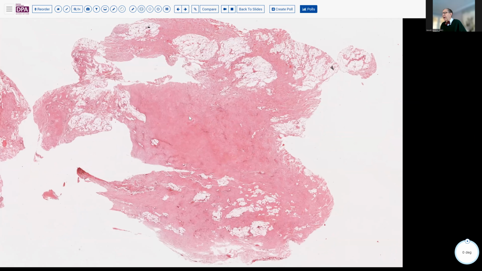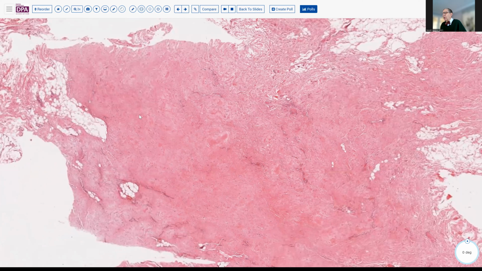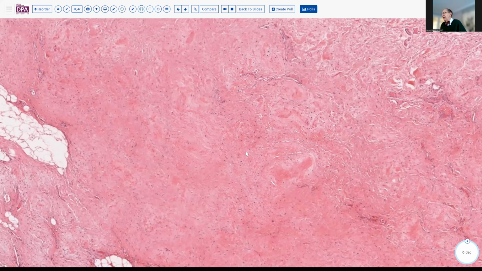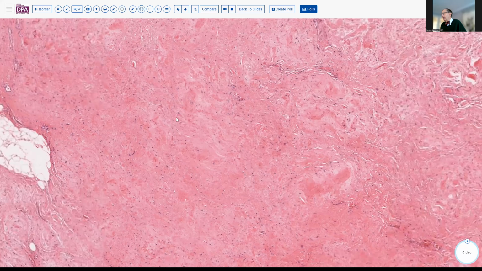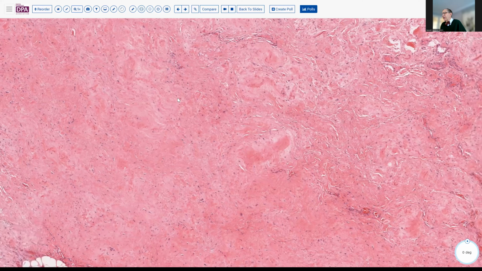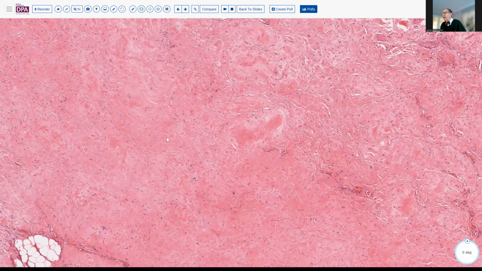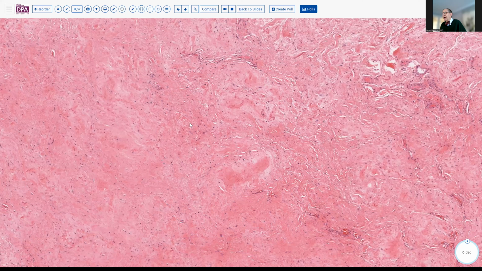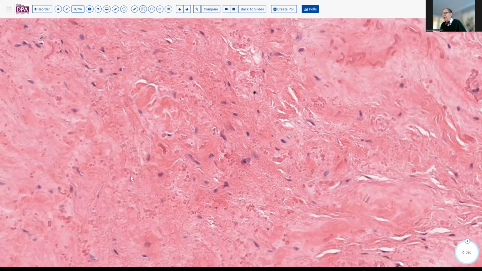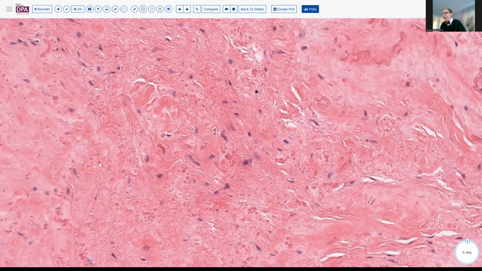But it is worth remembering that in this location, especially the subscapular area, in people who have been engaged in vigorous physical activity, there is a distinctive lesion that occurs here that is characterized by, I believe, what you can see here at high magnification. These eosinophilic globules here that are sort of in chains and strands.